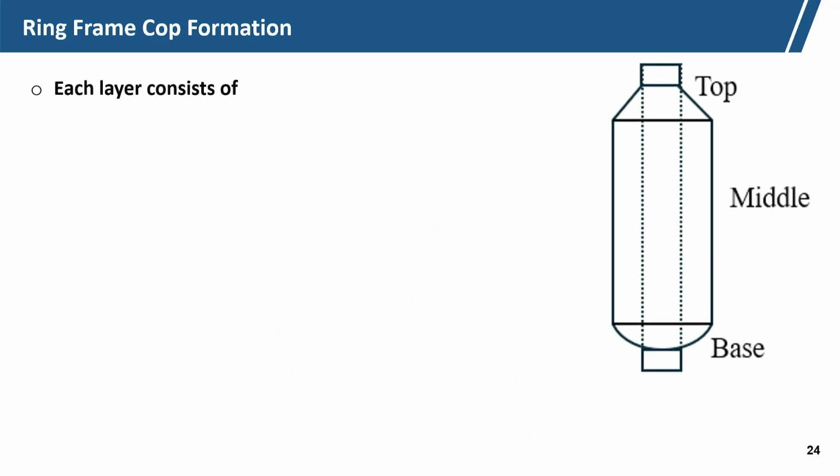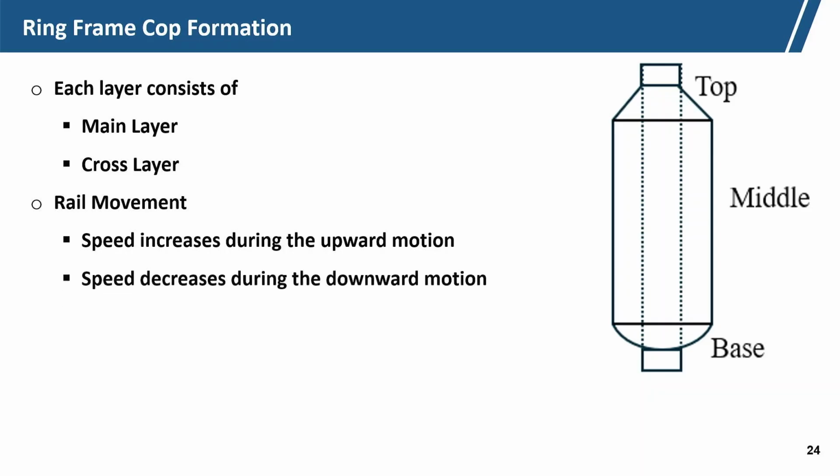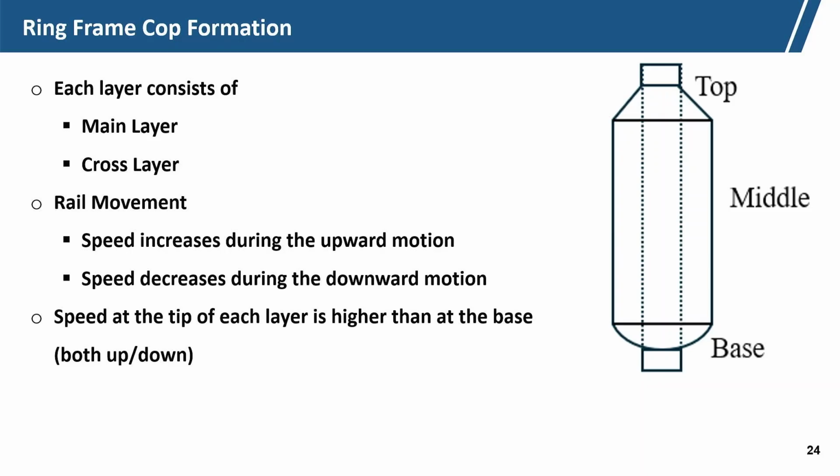Now, each layer consists of main layer and cross layer, as we have already mentioned. Ring rail speed increases during upward motion and decreases during downward motion, and the speed at the tip of each layer is higher than at the base of the layer, both up and down.